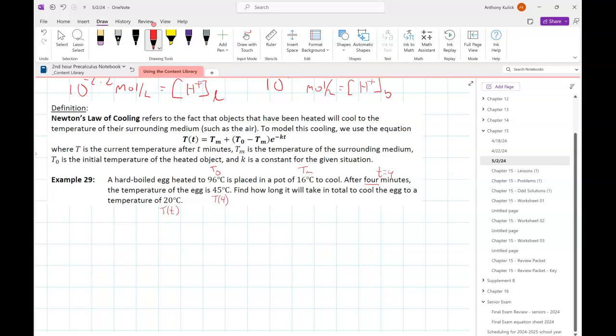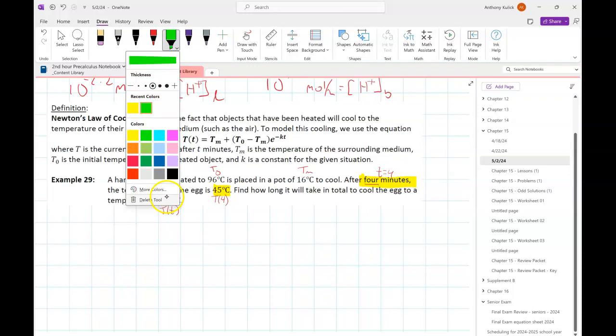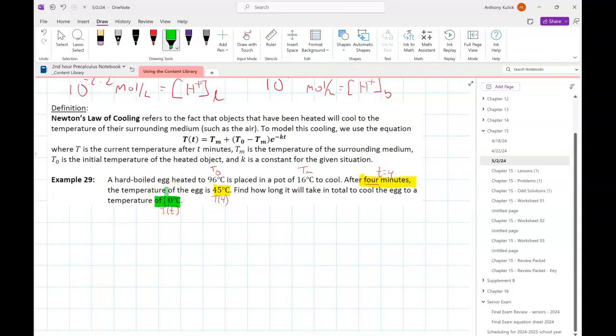What haven't we been given here? K. So what we're going to end up using is this stuff to solve for K, and then after we've solved for K, we can use that to solve for t. Is everybody cool with the plan?